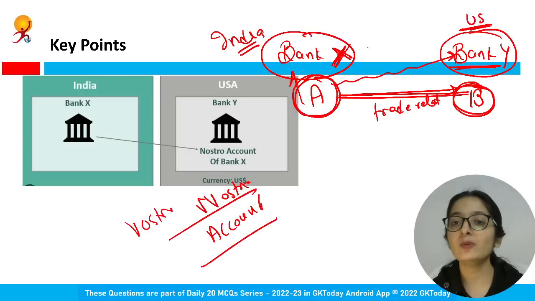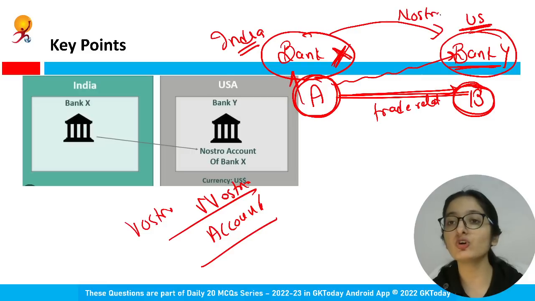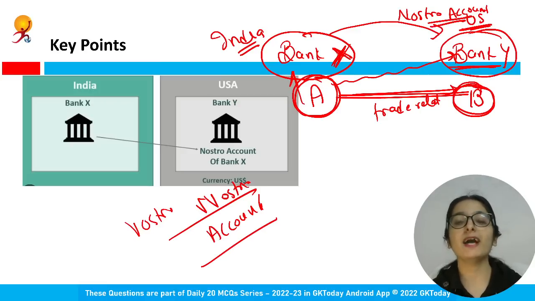There will be an account in bank Y, that will be the nostro account, that will be opened. Bank X will say bank Y, be my representative, and when bank Y is the representative of bank X, person B will submit the deposit, the amount. That is as simple as that. But for that, a nostro account will be opened in bank Y, with respect to India.